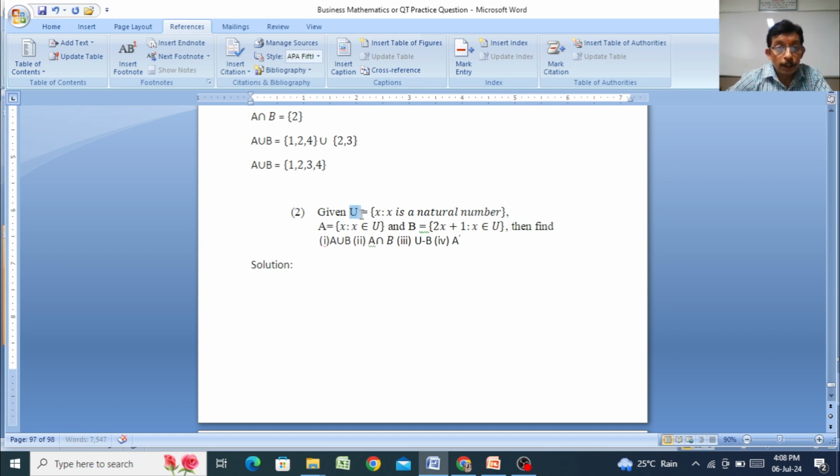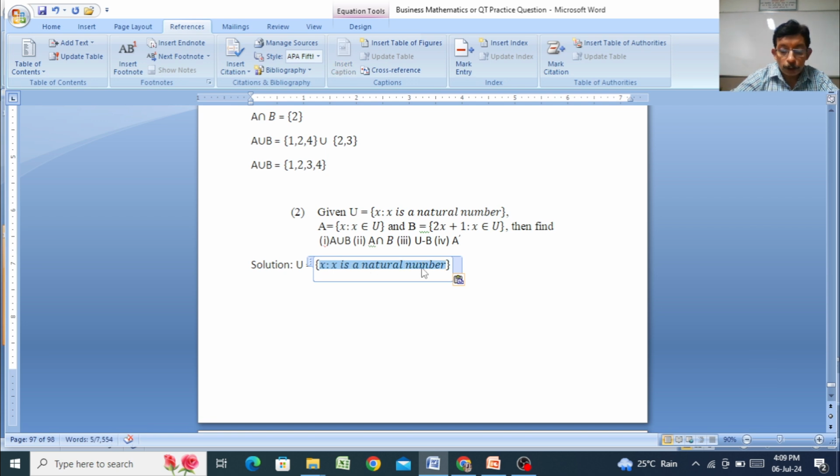U in tabular form is the set of all natural numbers. What are the natural numbers? 1, 2, 3, 4, 5, 6, 7, 8, 9.